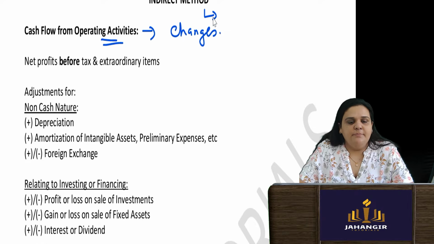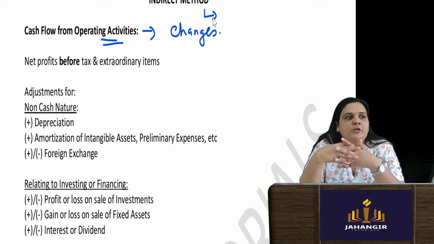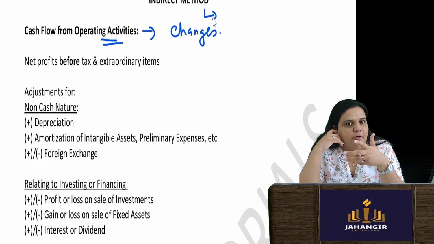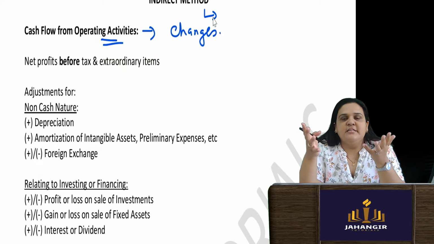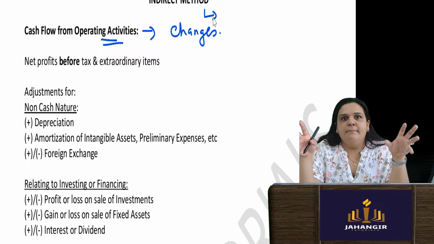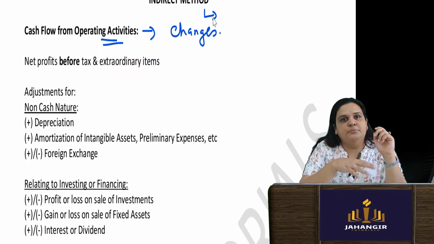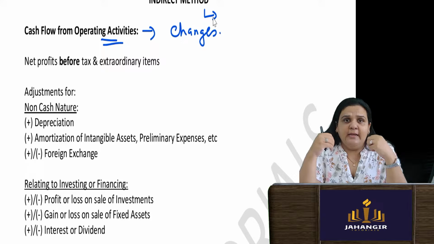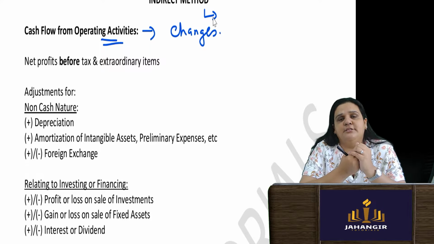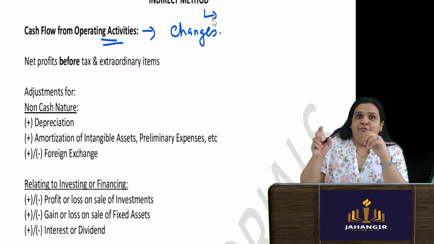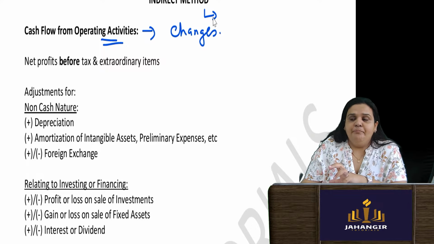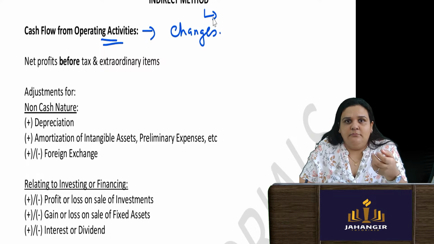Why change it? Because in this type of sum, they will give you net profit. They will not give you your sales figure and all that. They will give you the balance sheet. From that balance sheet, you are supposed to take the profit amount, and in that profit you will have to make adjustments. This profit is appearing in the P&L. What all we must have done in order to arrive at that profit.